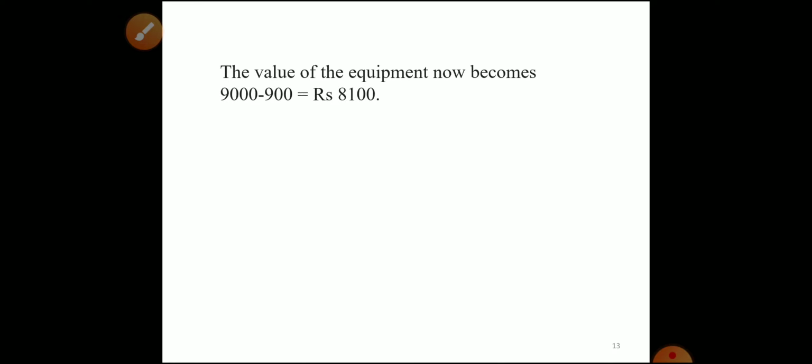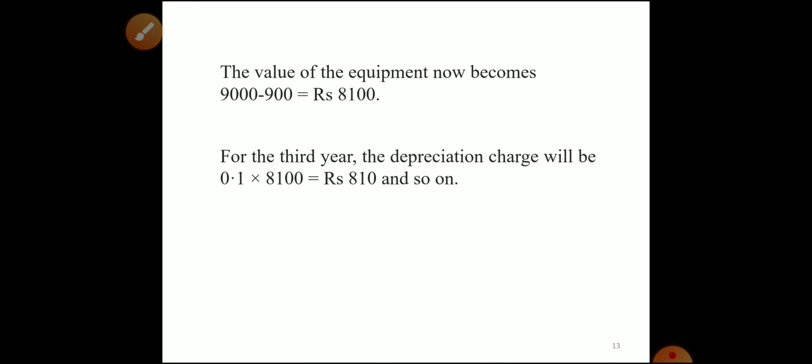Now the value of the equipment becomes 9,000 minus 900, that is 8,100 rupees at the end of the second year. In a similar way, for the third year the depreciation charge will be 10% of the present value of the equipment, that is 8,100, which is rupees 810, and so on.